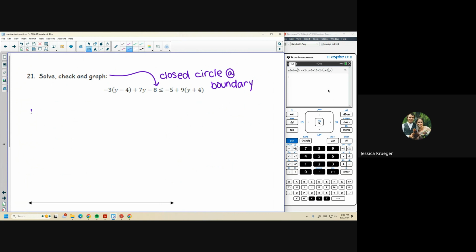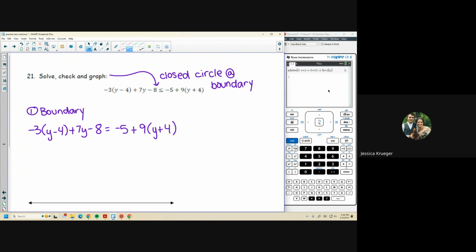So step 1 is to find the boundary. And that means I'm just going to figure out when -3 times (y minus 4) plus 7y minus 8 equals -5 plus 9 times (y plus 4).